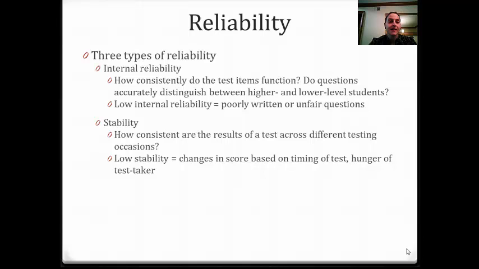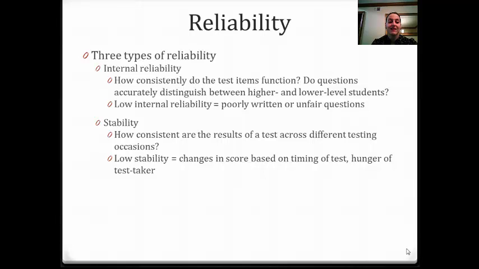Okay, the second type of reliability is stability. Here I want you to think about how consistent the results of a test are across different testing occasions. So theoretically, if a teacher gives a test on Monday and then gives the same test on Tuesday and does not provide any additional teaching between those two days, then the results should be the same.